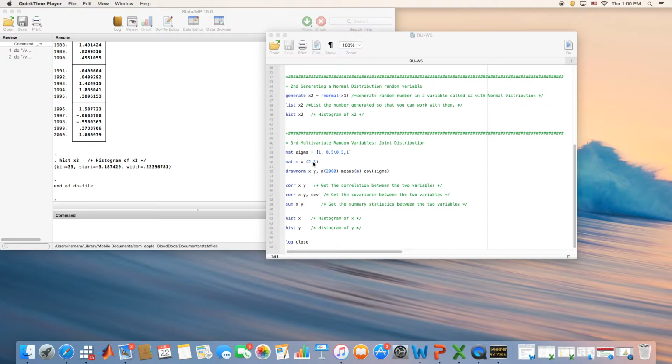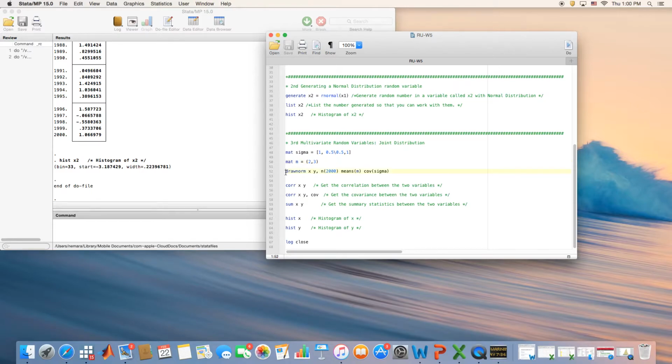We're just telling Stata, create for me random variables that do have these specific statistics. Again, to make sure that you understand, this is a name that you choose. You can call it any other name, but usually we call it sigma, which is the variance covariance matrix. You can call this one means or M. So this is up to you.